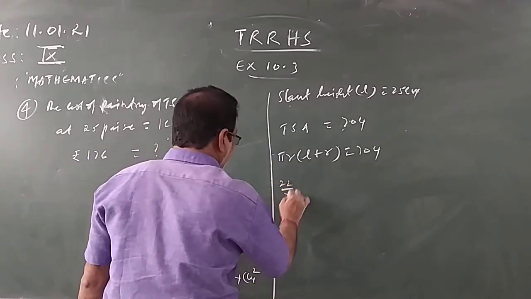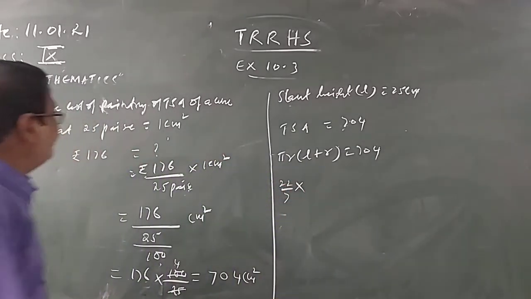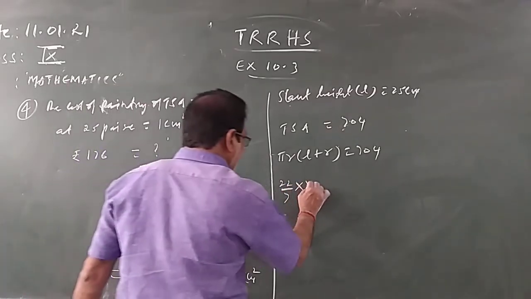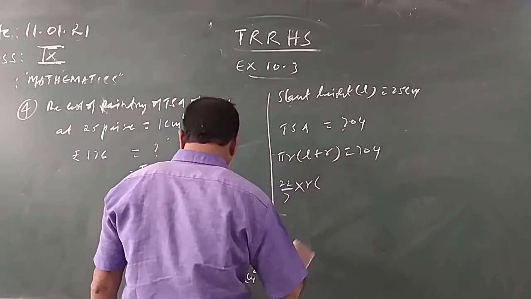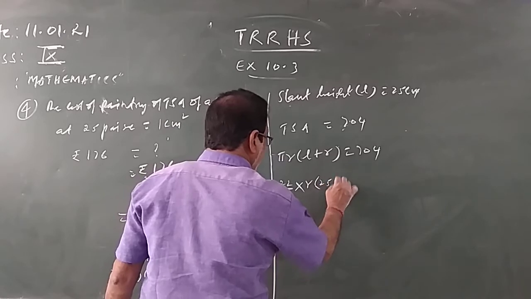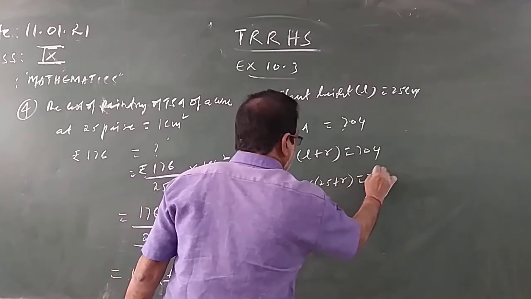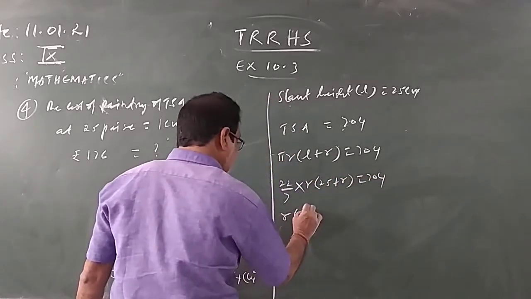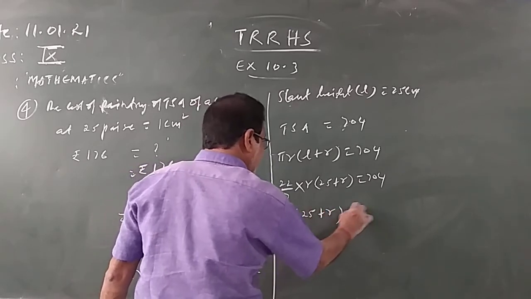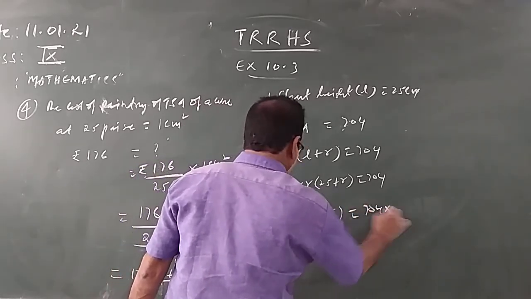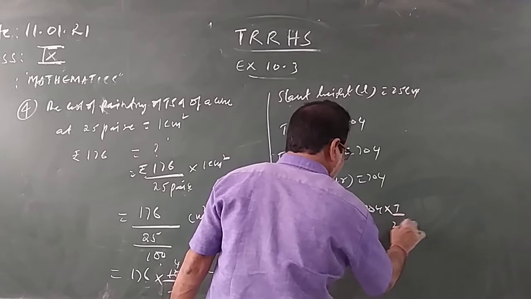Pi value is 22 by 7. Do we have the radius? We don't have the radius. So r into L plus r, where L is 25: r into 25 plus r equals 704 into 22 by 7, which becomes 7 by 22.